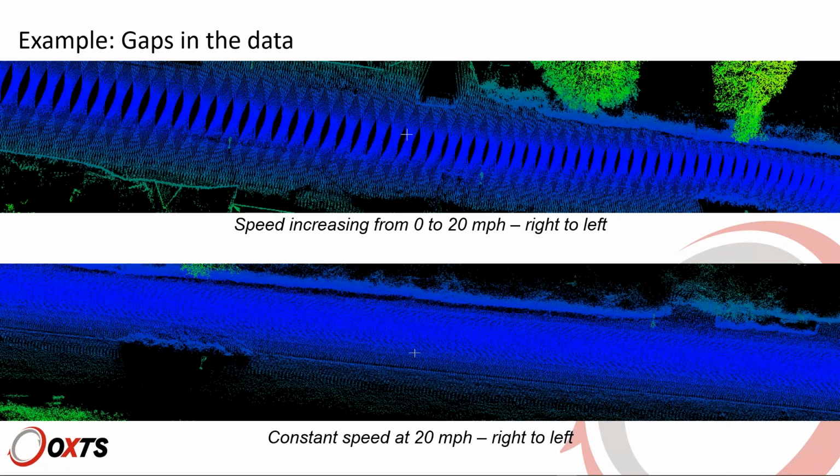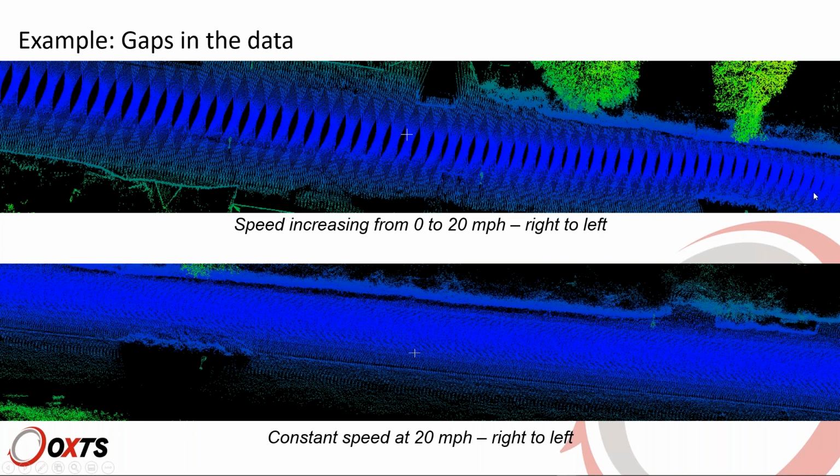So you can see this example here. The picture at the top is obtained with a LiDAR that was scanning the road, so pointing down, and the vehicle was speeding, so increasing its speed from 0 miles per hour down here on the right up to 20 miles per hour on the left.